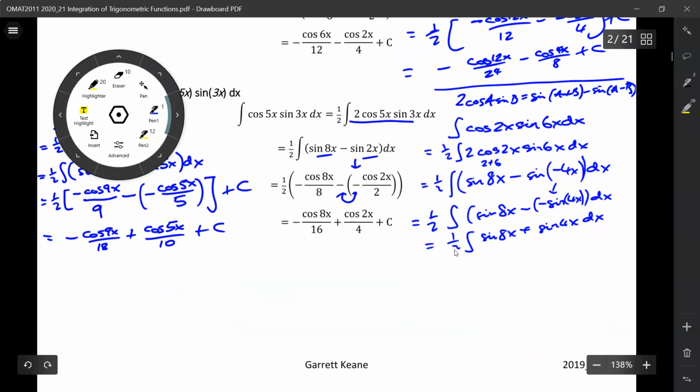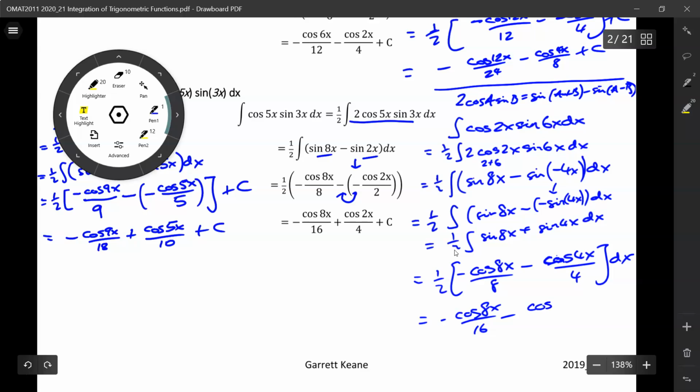So that gives me half times, it's minus cosine 8x over 8 minus cosine 4x over 4. And obviously I have to multiply by 2 then. Cosine 8x over 16 minus cosine 4x over 8 plus c.